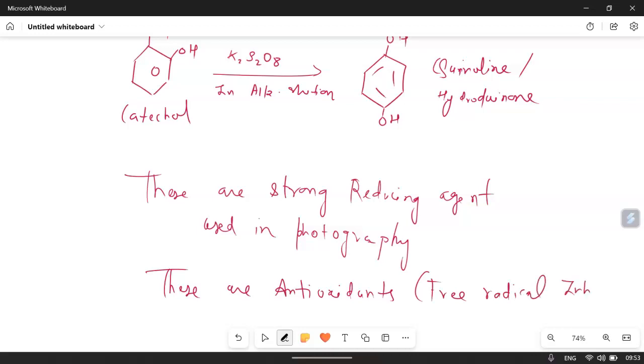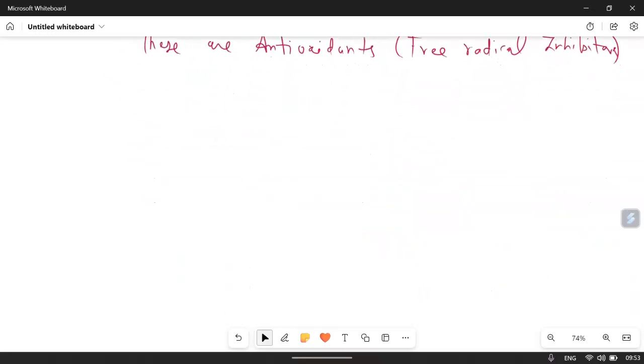Free radical inhibitors, which slow the process.